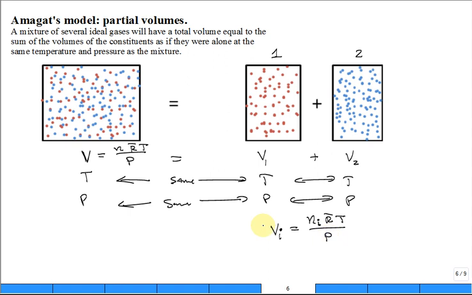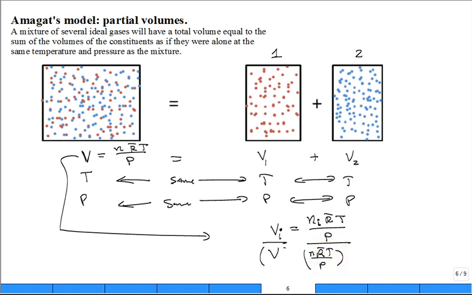So you take this equation and divide both sides by V, which gives N R bar T over P. R bar T over P cancel, and you're left with V sub i, the partial volume, divided by the total volume, equal to the mole fraction.